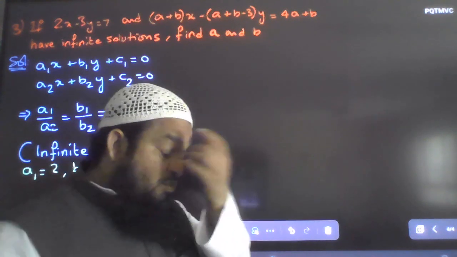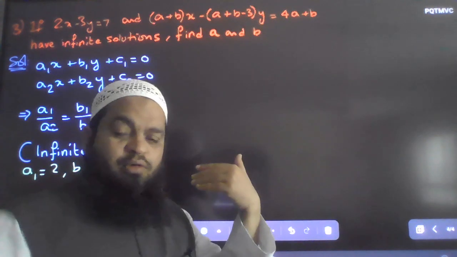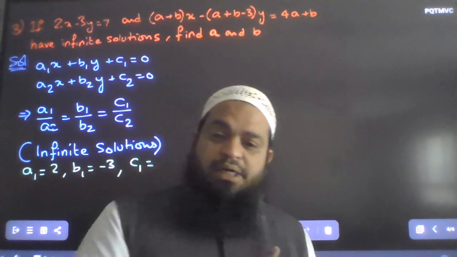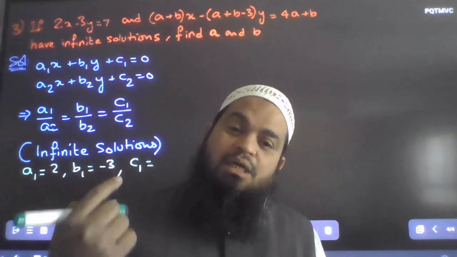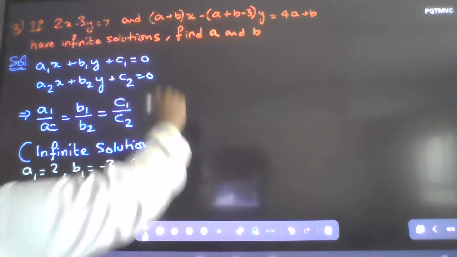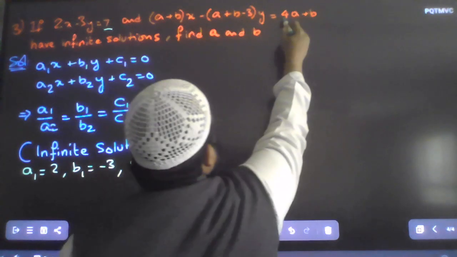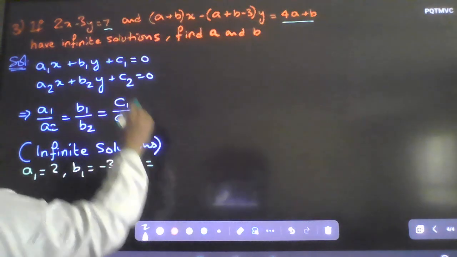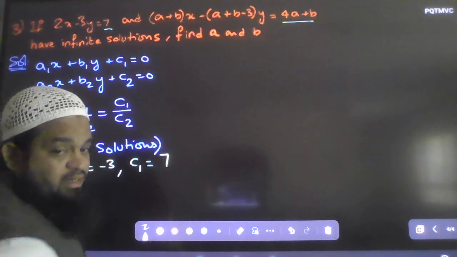So there is no need to bring both of them to the left hand side. It will be the same. If one is on the right hand side and another is on the left hand side, then you have to make either of them go to the right hand side or to the left hand side. Since the constants are on the right hand side, it doesn't make any difference.